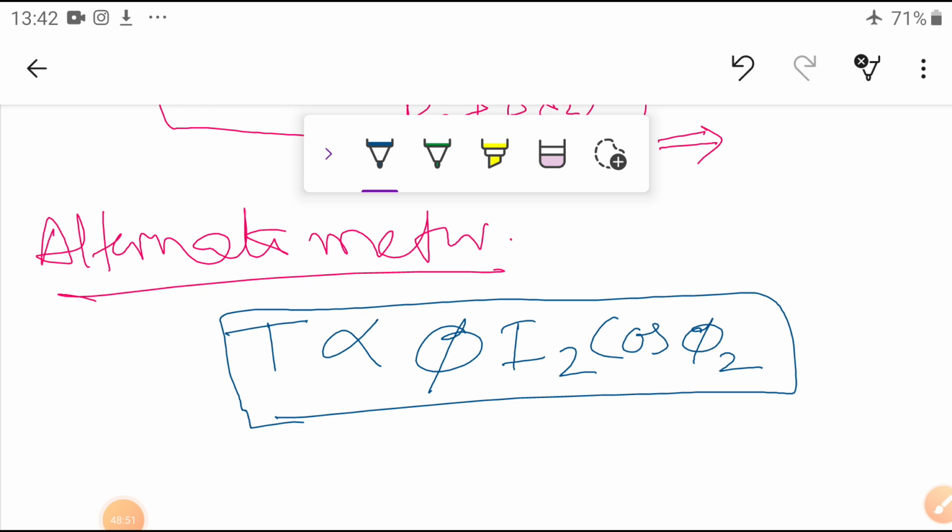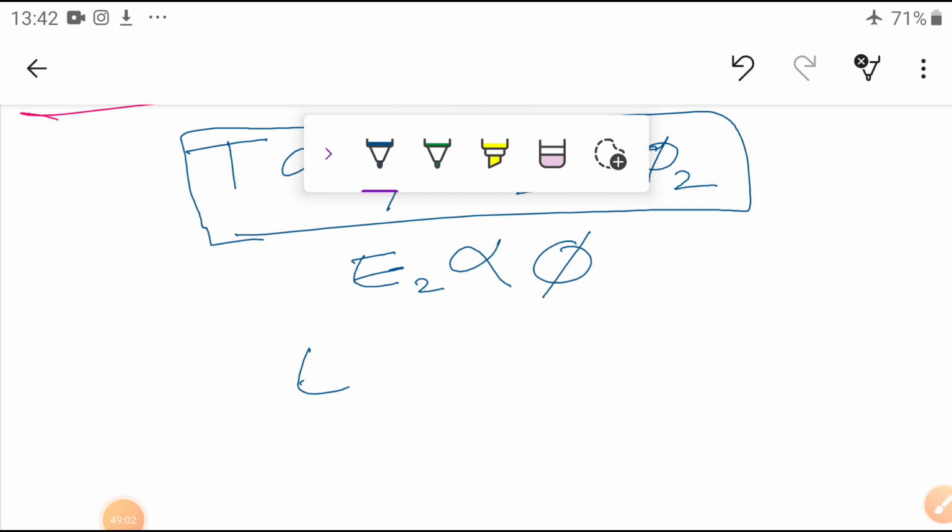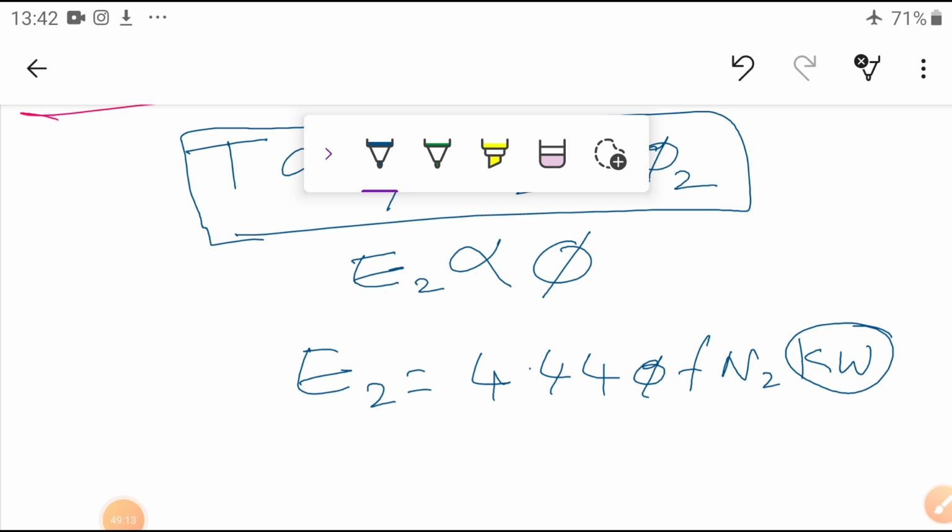We also know that the voltage induced in the rotor is directly proportional to the flux. If the flux is more, the induced EMF is more. So what is the formula? We have already seen that the EMF induced in the transformer is 4.44 phi F N2, and Kw is the winding factor in the case of the rotor.